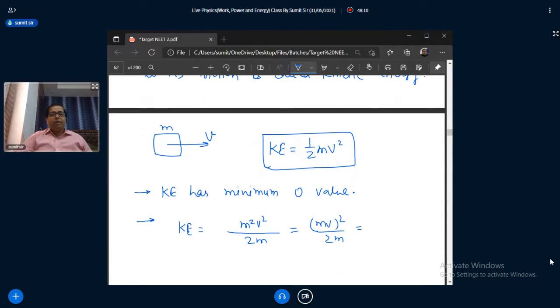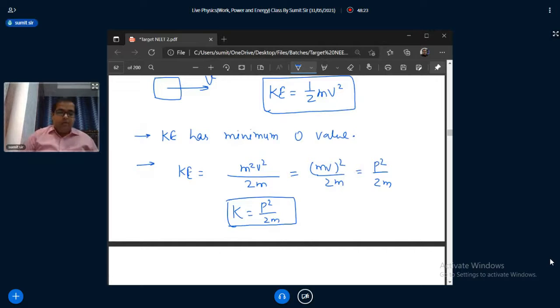So mv is momentum, so I'm writing p square by 2m. So kinetic energy K can be written as p square by 2m. And one more thing, momentum can also be written in terms of kinetic energy, that is root under 2mK.